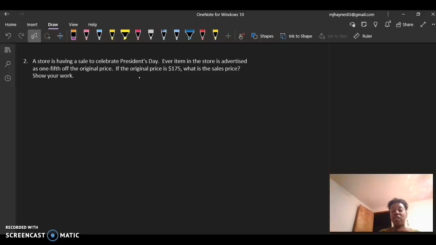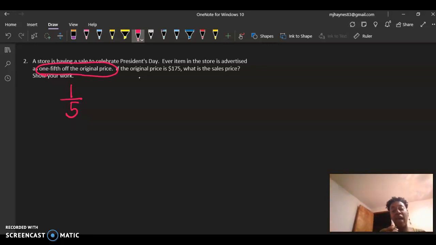Multiple ways to do this. Some people did a pictorial representation. Some people did the equation that I showed them. And you can also do a 2-part percent problem. I'm going to do that 2-part percent problem. So 1/5 off the original price. I need to know what is 1/5 of 175.